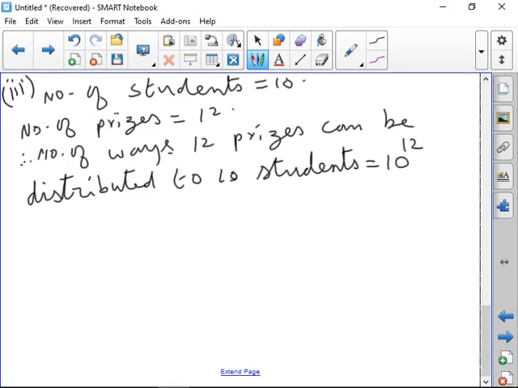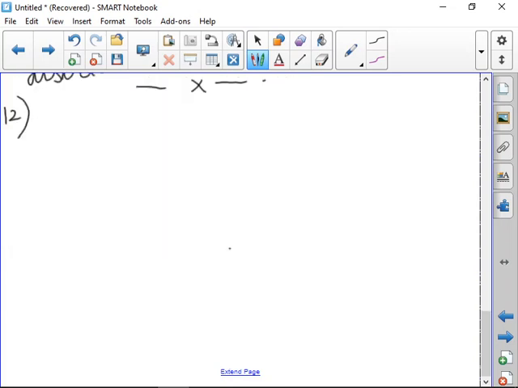Okay. Then question number 12 now. So here it will be a little different. So what is it? How many strings can be formed using the letters of the word lotus if the word either starts with L or ends with S?